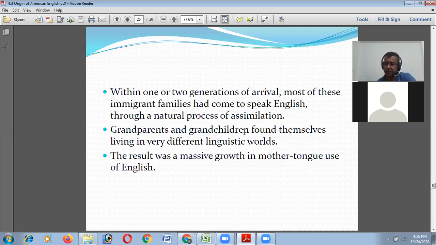The vast number of immigrants came to America in the 20th century, but when the second generation came, they started using English as their first language. In such a way, the number of people using English as their mother tongue in America increased massively.